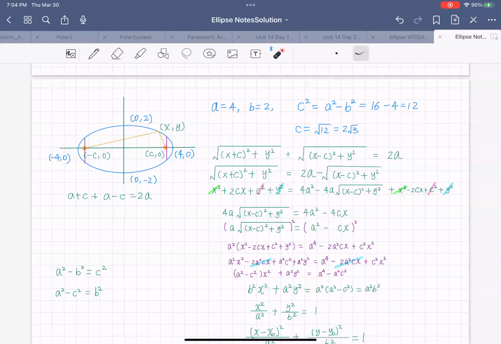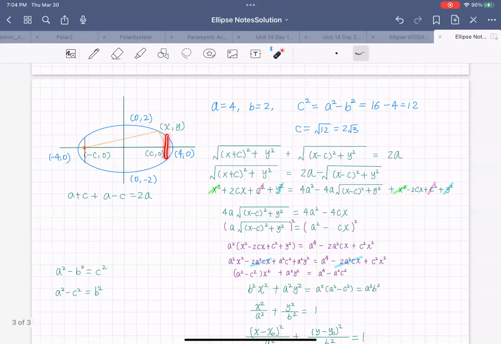You draw the line through the foci, but perpendicular to the major direction. You don't draw this through this. You draw this one perpendicular to the major direction. When you draw these perpendicular lines, they meet the ellipse at four points. These are the four points.